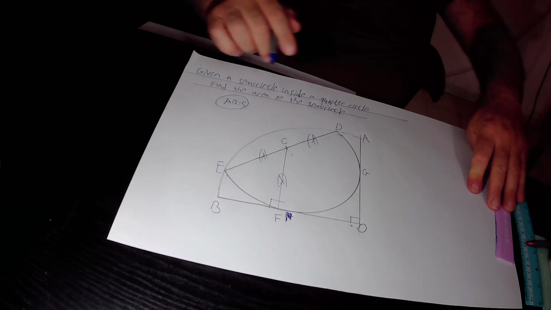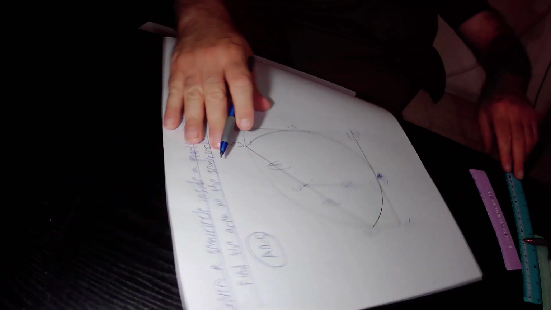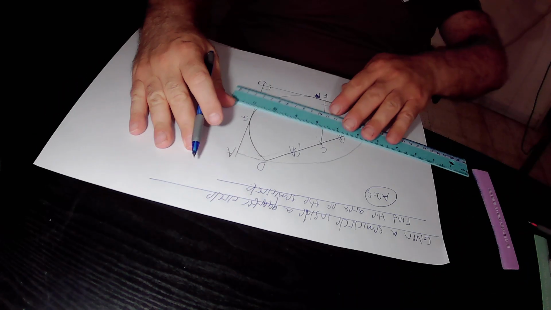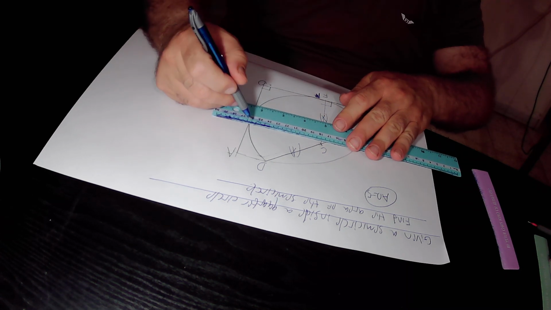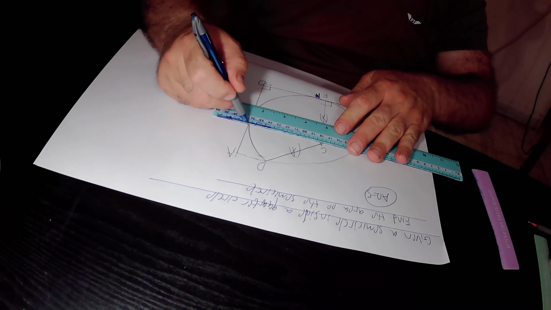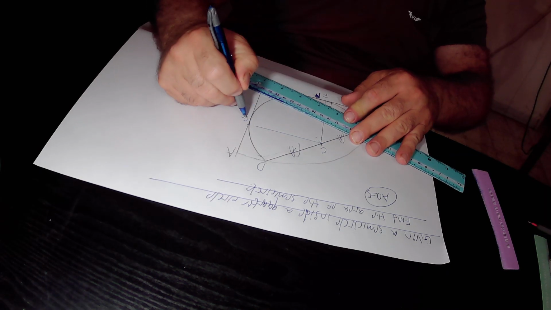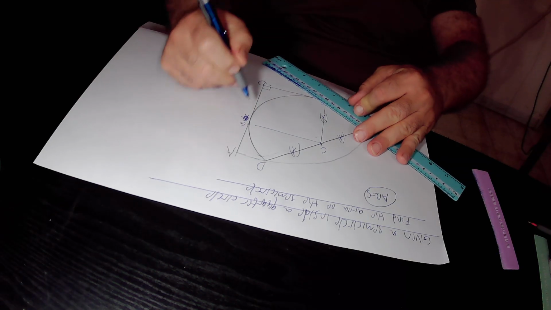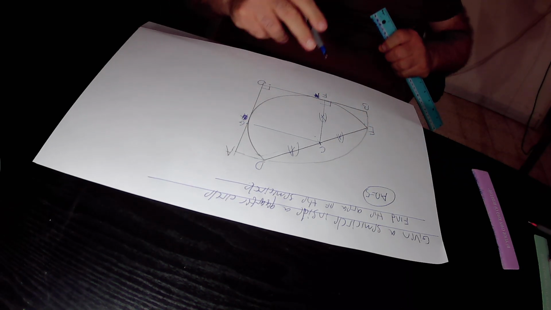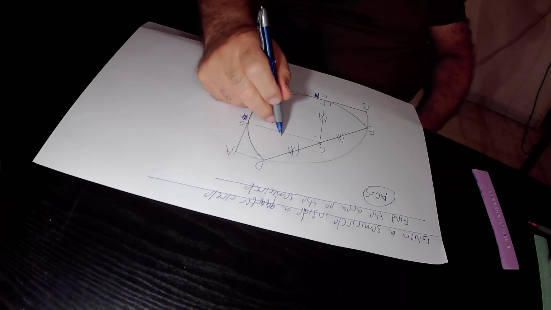Likewise, we will join points C and G together by a straight line. CG is of course the radius of this semicircle, and therefore it is equal to X according to our definition.